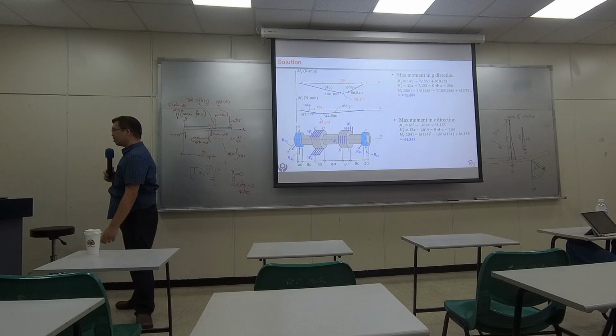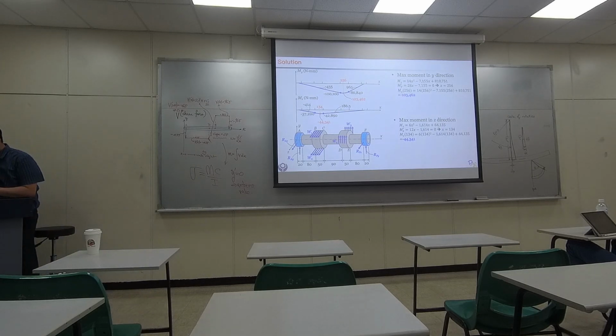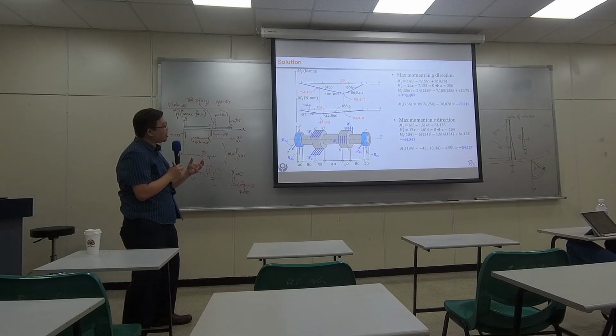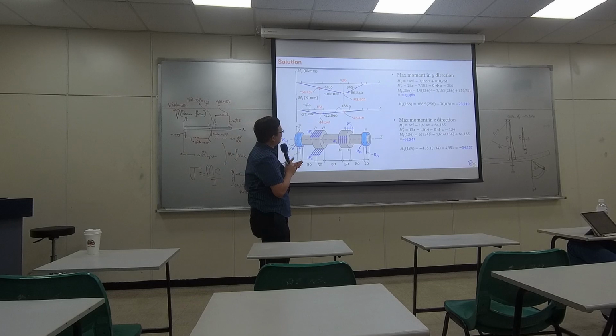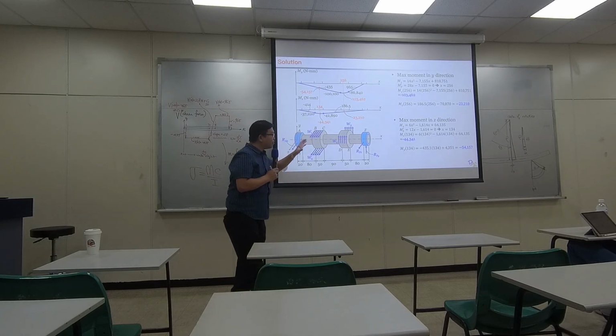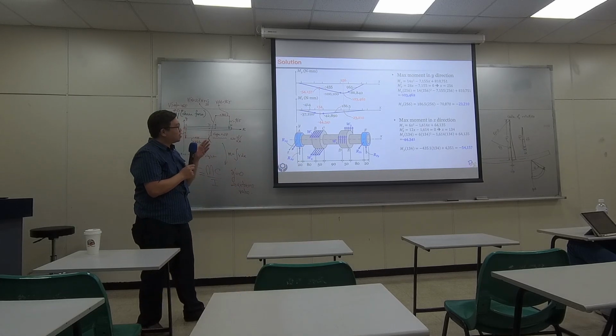Now, what else can we do? Because this shaft is carrying moment along both y and z directions, we need to observe moment along both directions. So if you want to do it right, you should do this.